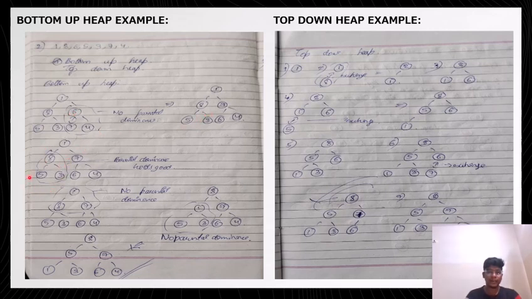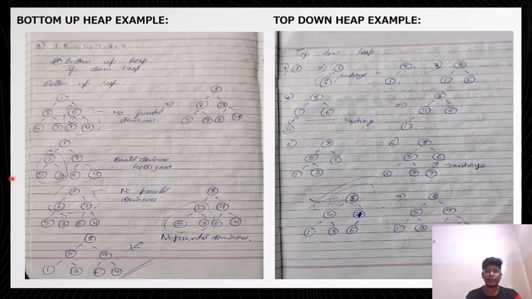Now we'll check the parental dominance. Here the parental dominance is satisfied. Now next we'll come to the root node where it does not hold the parental dominance, so we'll swap the number 1 with 8. After swapping, the subnode has no parental dominance, so we'll swap 1 and 5. It is bottom up heap.